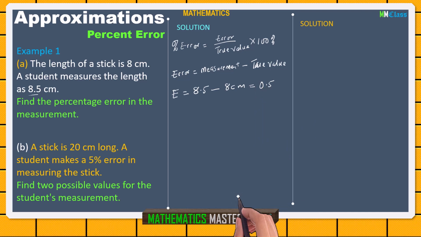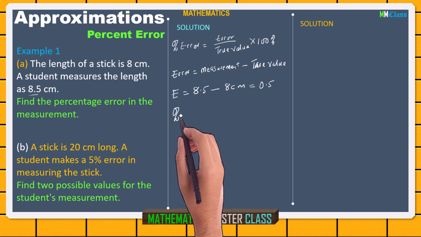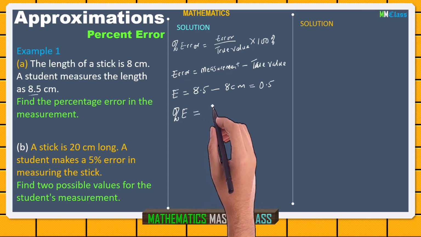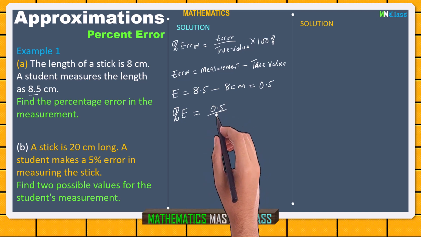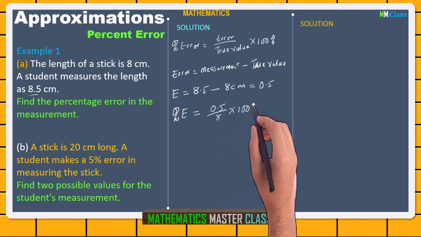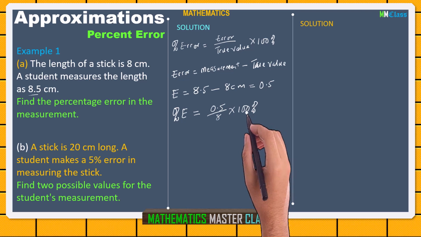So we know our true value, and it's percentage error we are calculating. So we can now write percentage E, that is percentage error, is equals to error itself, 0.5, over true value. True value this time is 8, times 100%. It is 100%, not times 100, times 100%. Take note of that.